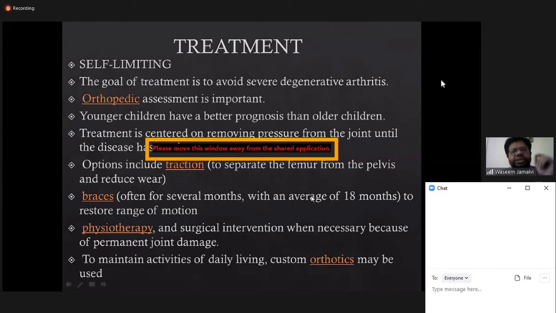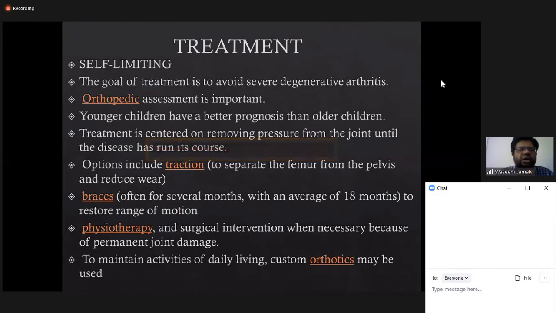Traction means separating the femur from the pelvis and reducing the wear. There may be use of braces, as I previously showed you in a picture of a child who is fixed in a brace, and sometimes you may go for just physiotherapy to decrease permanent damage.